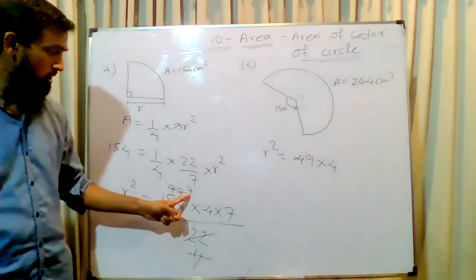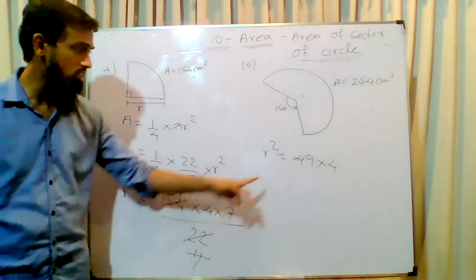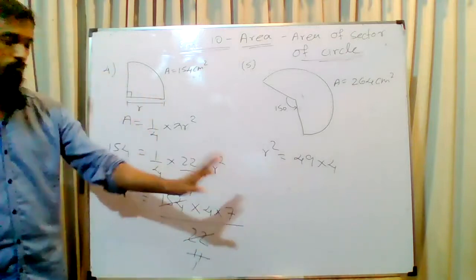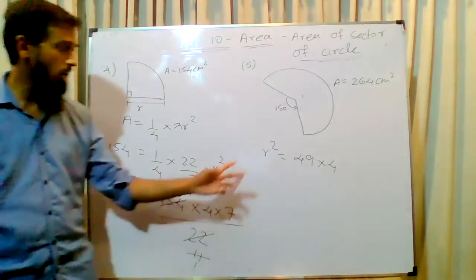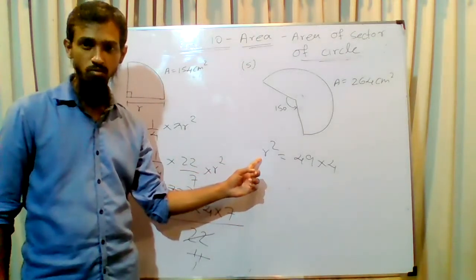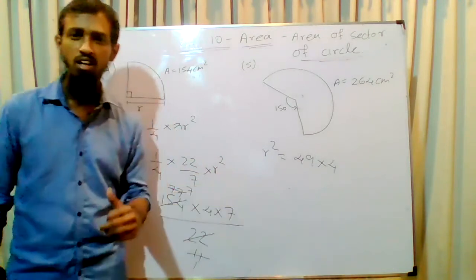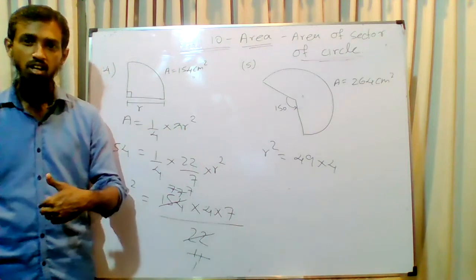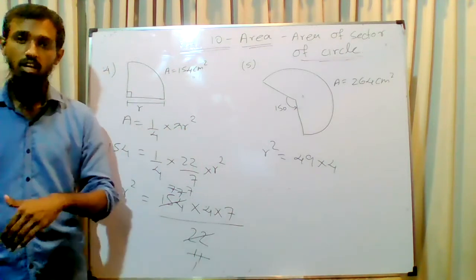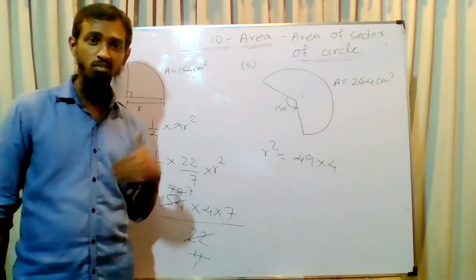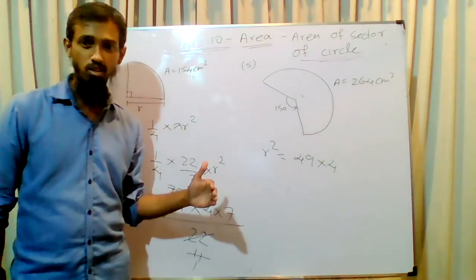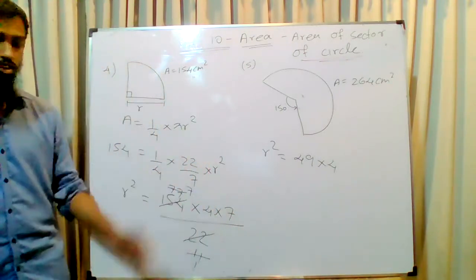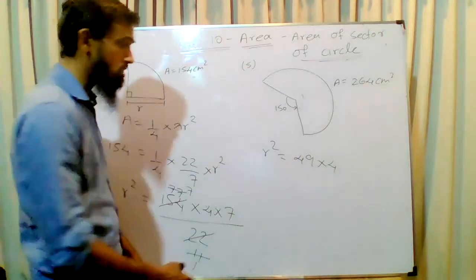So I multiply only 7 and 7. So 7 into 7, 49 and 4. I keep the 4 because we are going to find the square root. Okay, in grade 9, we studied Pythagoras theorem. Using the Pythagoras theorem, we studied square root. Okay, using those values, you can find the square root of r.